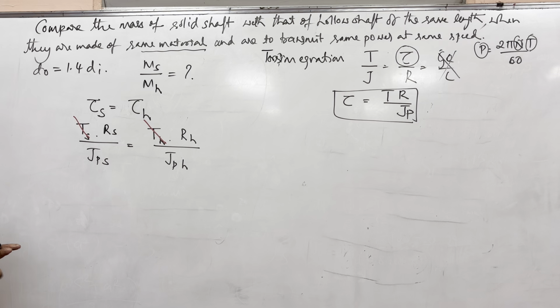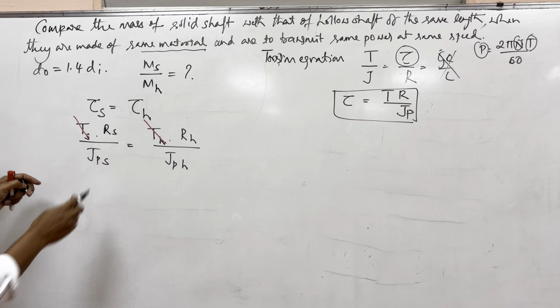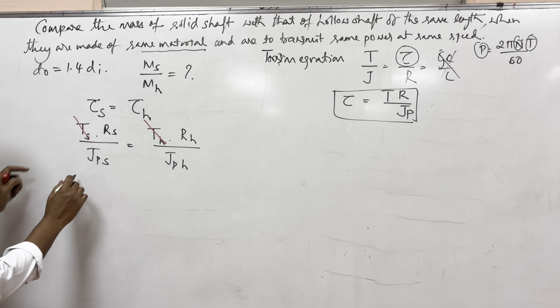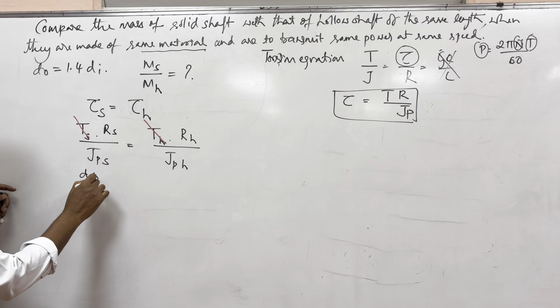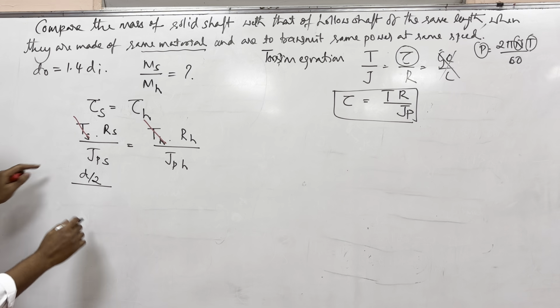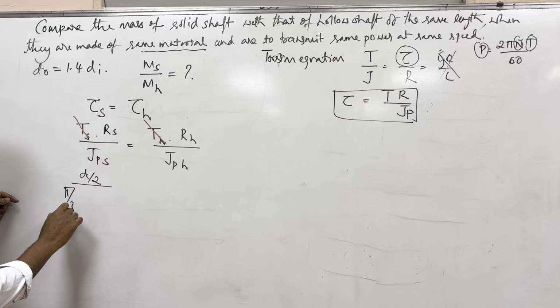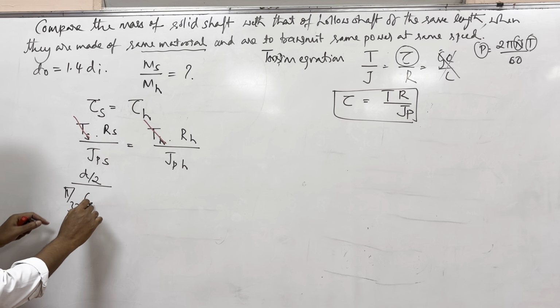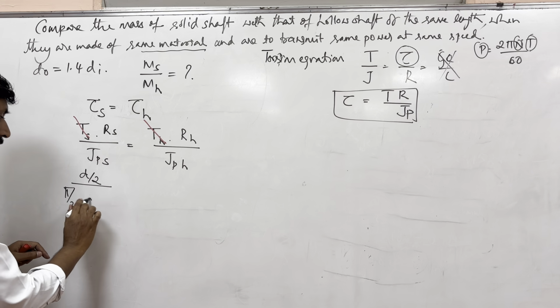R of the solid shaft can be written as D by 2. Jp of the solid shaft can be written as pi by 32 into D to the power of 4.